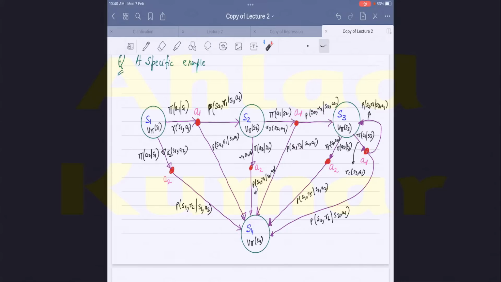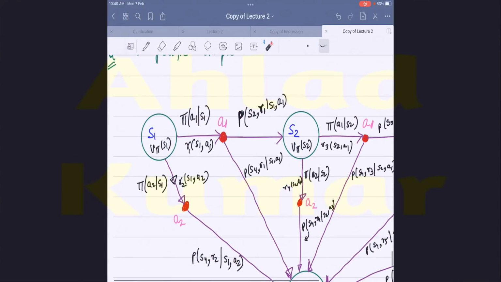If you start with state S1, look closely, I am writing v pi S1 here. This is basically the value function of state S1 following the policy pi. So normally we will calculate the value function v pi of S1 for this state S1, and we will be writing inside this S1 block. Then we have this transition which is going on from state S1, and you are taking action A1 here.